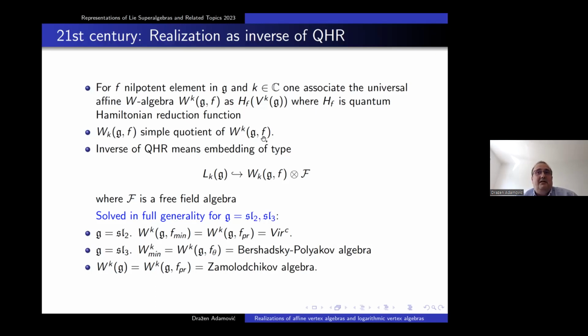Quantum Hamiltonian reduction is where you take a complex and then take cohomology, which can be more complicated. And inverse quantum Hamiltonian reduction is essentially the answer to the question, what is a realization? In many special cases, this W-algebra collapses, simplifies. It can be one-dimensional. The simple algebra can be one-dimensional, and we can just embed into this free field algebra.